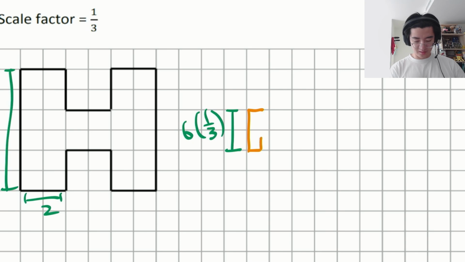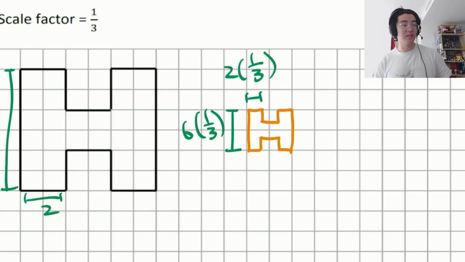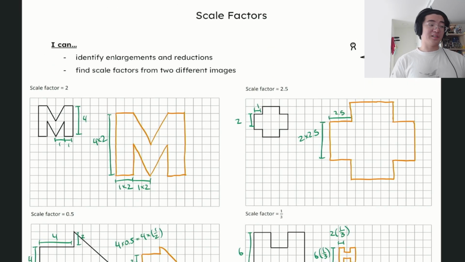It's almost a full square, but not quite. So it's going to look like that. Each of those here is 2 over 3, just below one full grid. So that's how scale factors work.